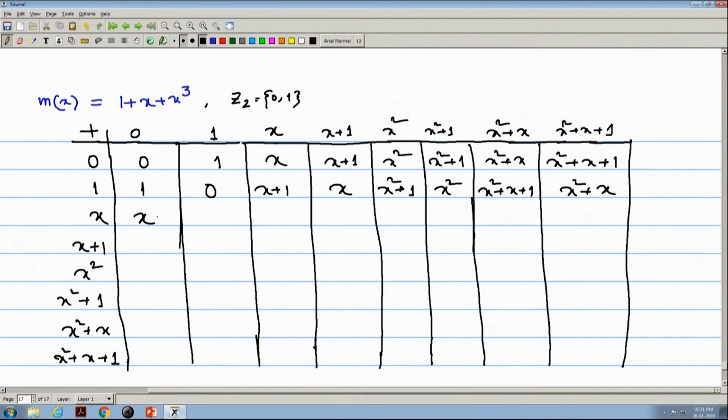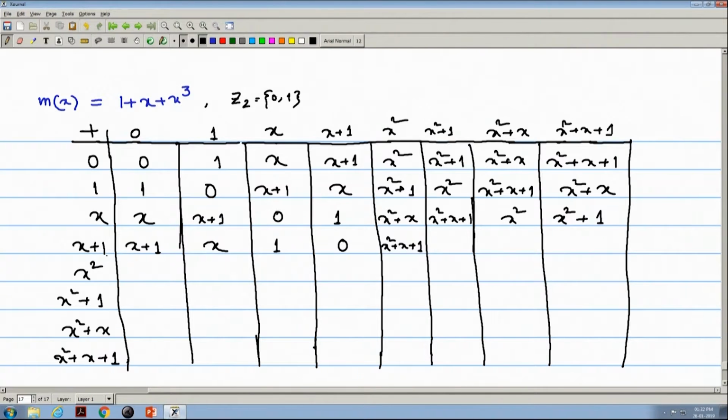If I add x, this becomes x plus 1, 0, 1, x square plus x, then x square plus x plus 1, then x square, then x square plus 1. x plus 1, x, now x will vanish because x plus x is 0, again this becomes 0, then x square plus x plus 1.